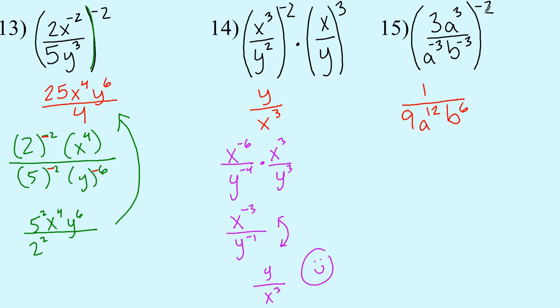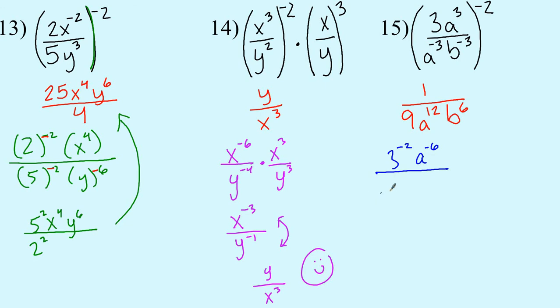Let's see. Distribute the negative 2. 3 to the negative 2, a to the negative 6. Just because I know some people get tired of parentheses, but I think it's a little sloppy and hard to read sometimes. So if you're worried about messing things up, I would use parentheses.